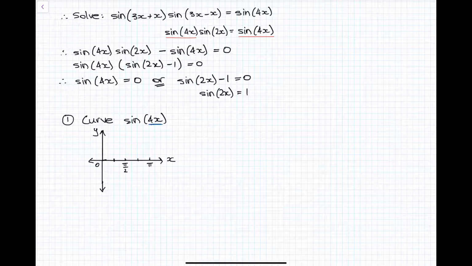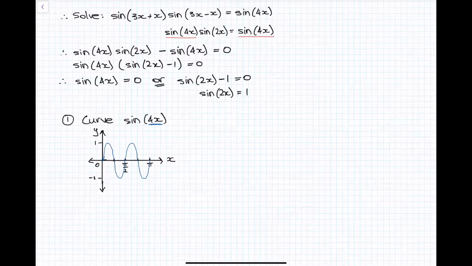So I'll also note 1 and negative 1 on the y-axis. Now we can draw sine 4x as coming up from 0 and then turning and coming back down, then hitting negative 1 and getting back to 0, all between x equals 0 and x equals pi on 2. And then the curve will have another full rotation between there and pi.